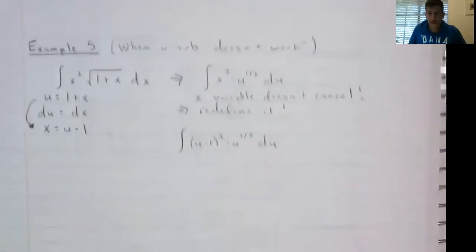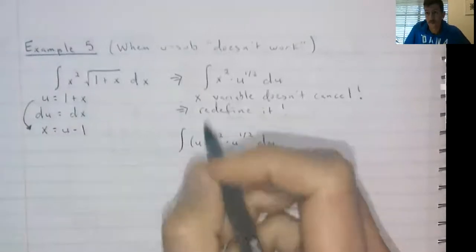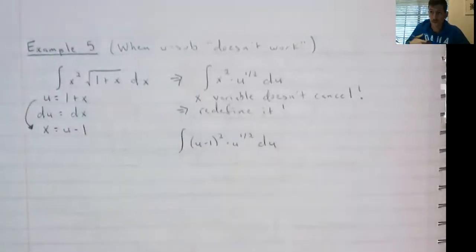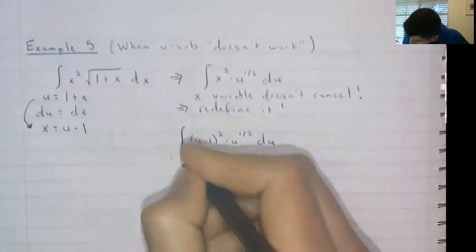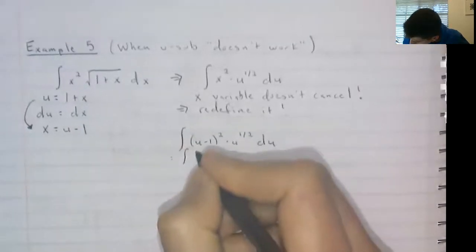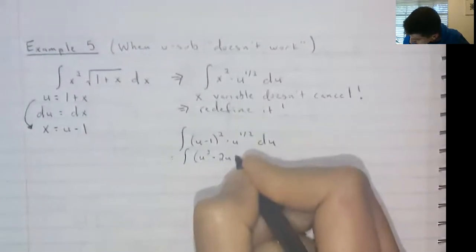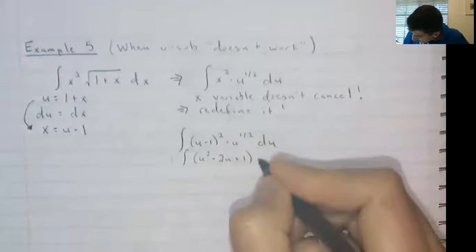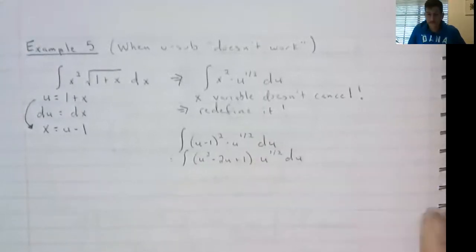Now, of course, we have some expansion that needs to happen here and then some distribution. So we just have to be careful here and remember our algebra 1. This will be the antiderivative of u squared minus 2u plus 1 times u to the 1/2 du.